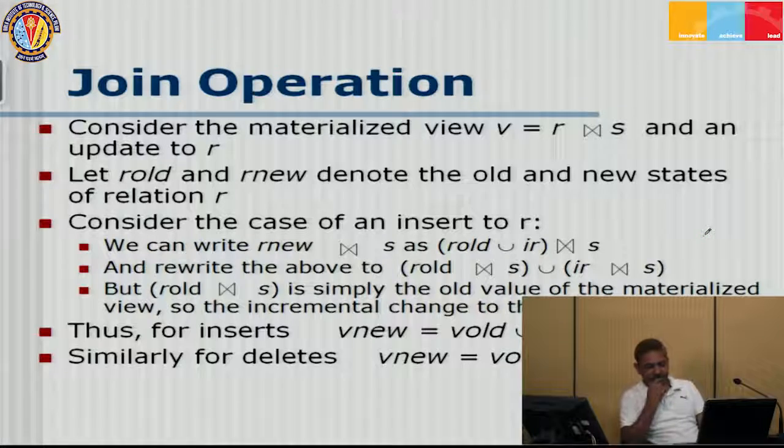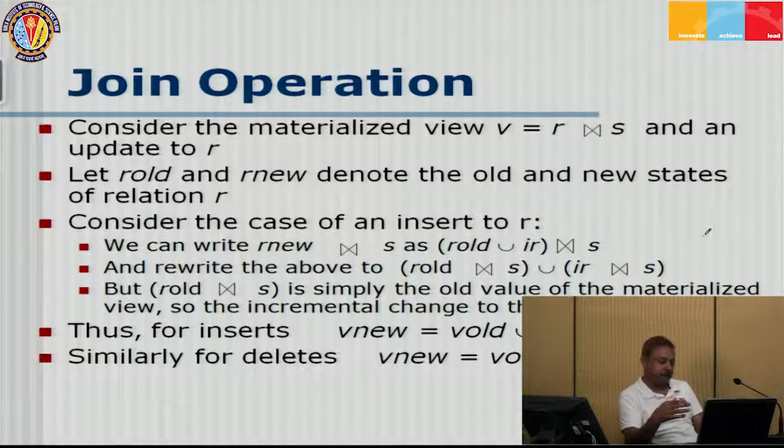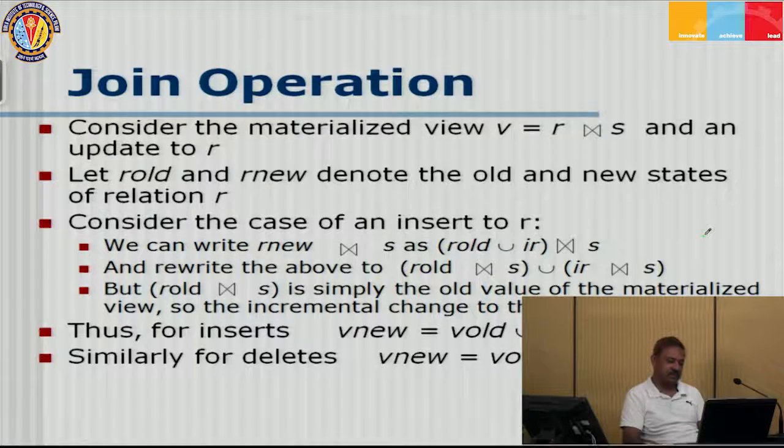Let me say that you have a view V, which is a join of two relations R and S, and there's an update on R. Let me put this update in the form of a delete or an insert on R. Let IR be the set of tuples inserted in R, and DR be the set of tuples deleted from R. First I'll talk about inserts, for which I'm introducing some notation.